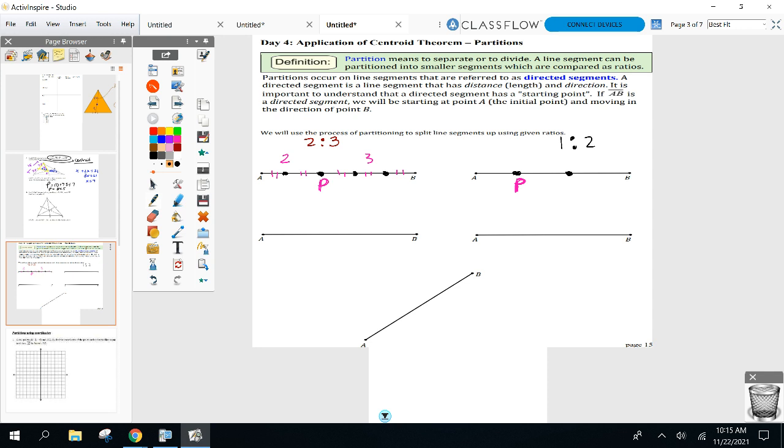Any questions? I want to go a little quicker now. Next one. What did I have? 4 to 1. So your line segment first should be broken up into how many pieces? 5 equal pieces, hopefully.